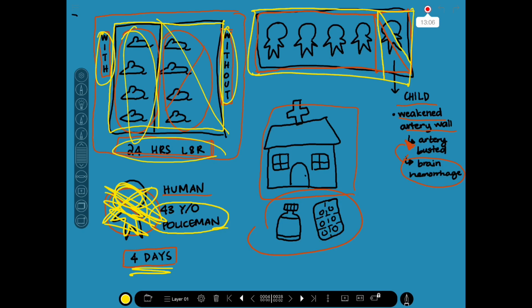And the one who died was a child, because penicillin weakened his artery wall that carried blood to his brain, and when the artery burst, it resulted in a brain hemorrhage. So he didn't die of his acute bacterial infection, but because penicillin weakened his artery wall, which burst, he died of a brain hemorrhage instead.